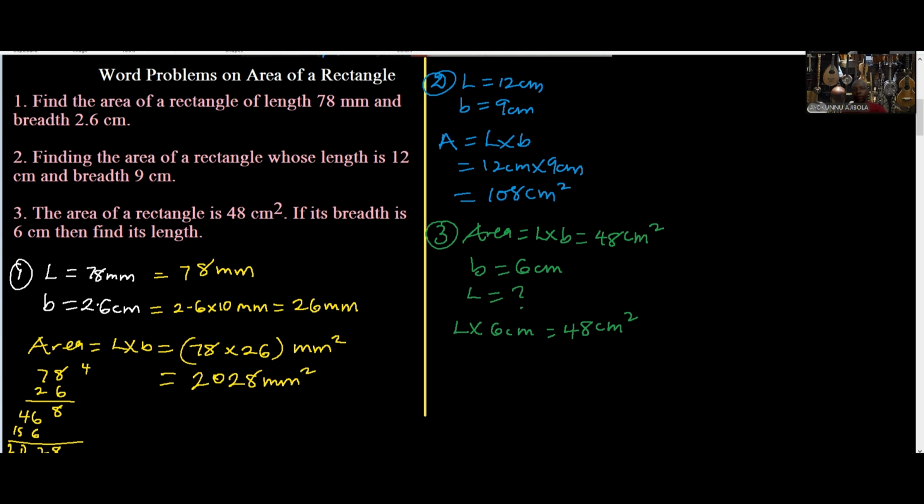So divide both sides by 6 cm. Are you with me? Yes. So this cancels this. We have length equal to, cm cancel the square, 48 over 6 is what? That's 8 cm.